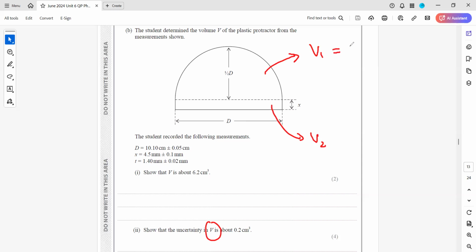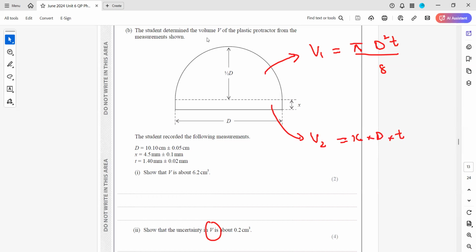How was V1 calculated? V1 was calculated using the formula pi d square times t divided by 8. And how is V2 calculated? By multiplying x with d with t.